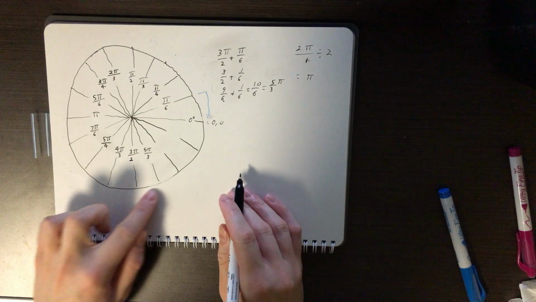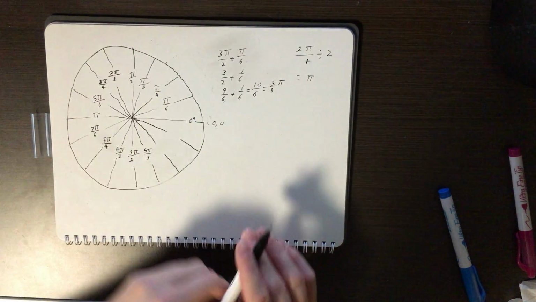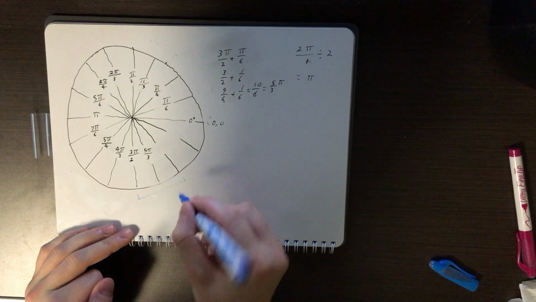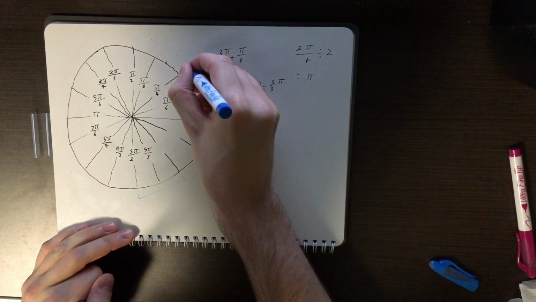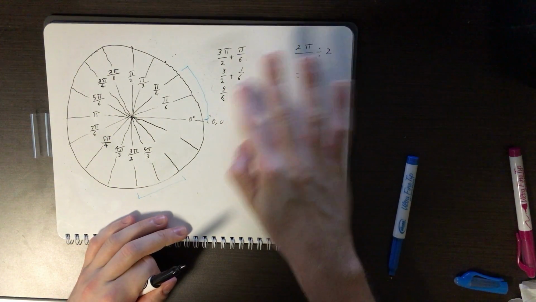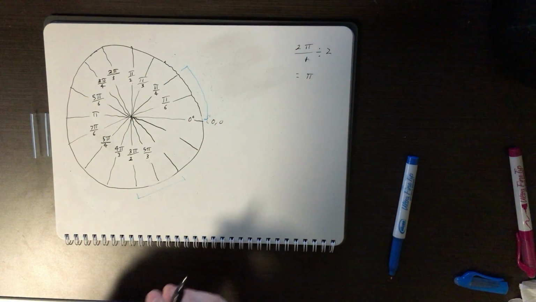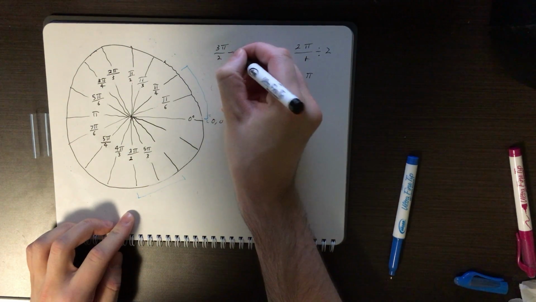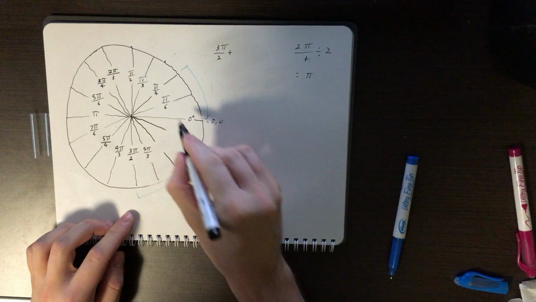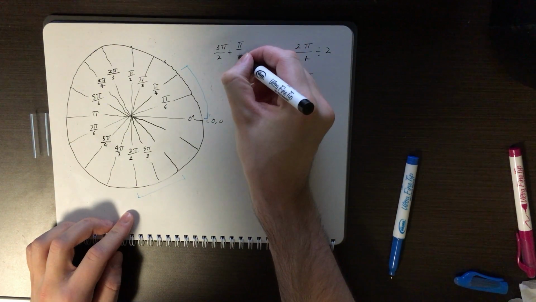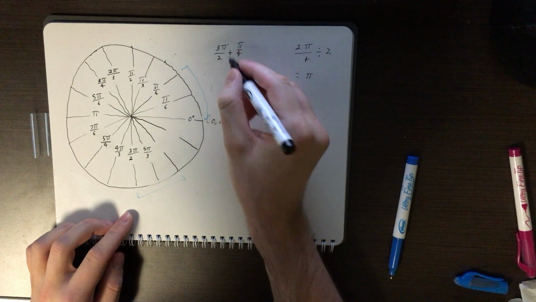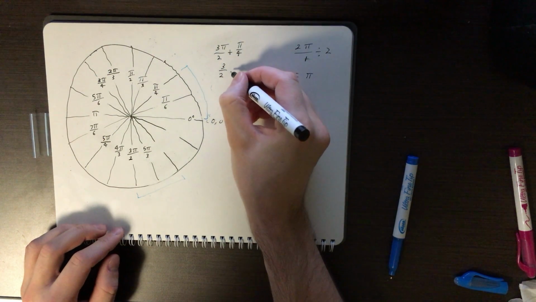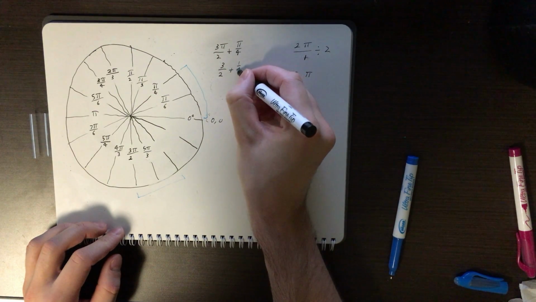Now we want to find this distance, which is the same as this distance. So we say 3 pi over 2 plus pi over 4. Ignoring the pi, we just say 3 divided by 2 plus 1/4.